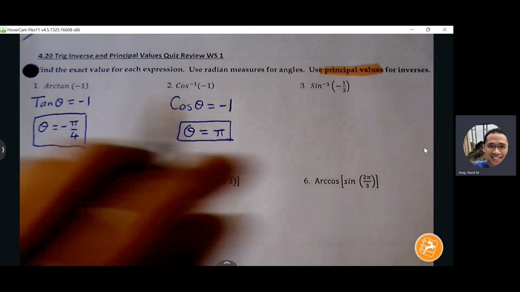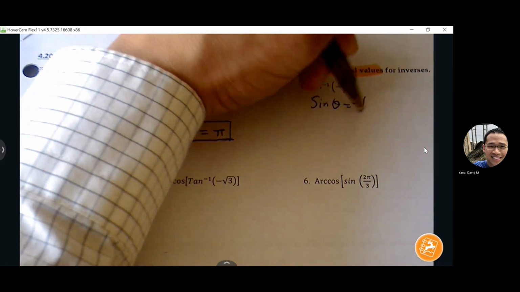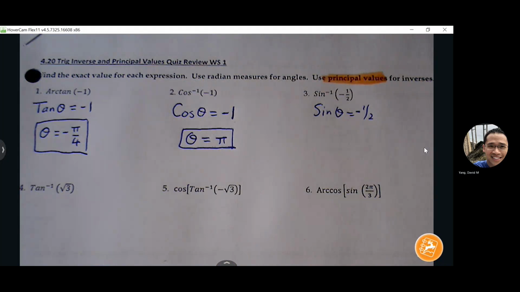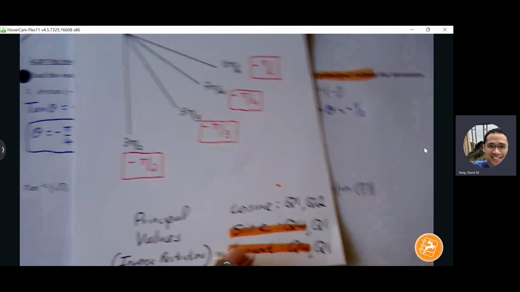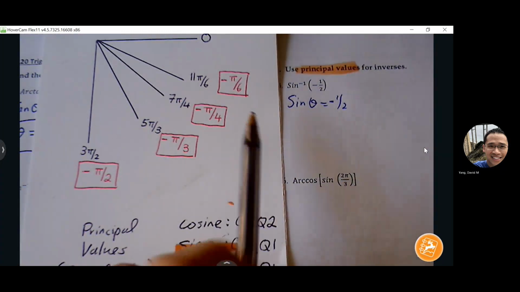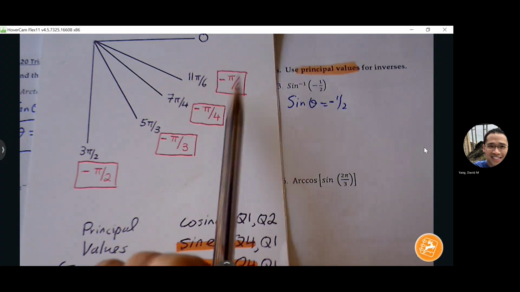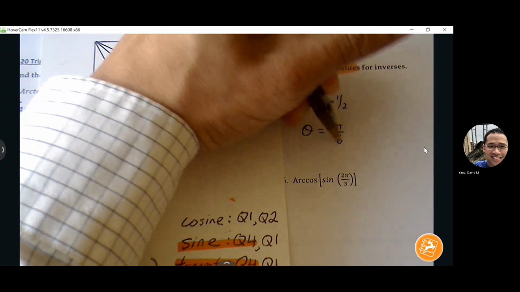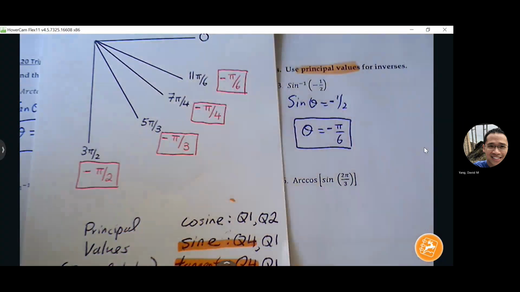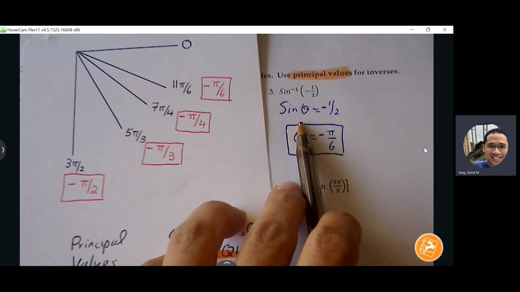Sine of theta equals to -1/2. Okay, we know principal values for sine, fourth quadrant. So negative pi over 6. So we know that sine is negative in the third and fourth quadrant, right?